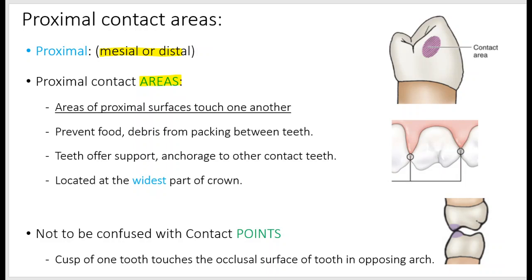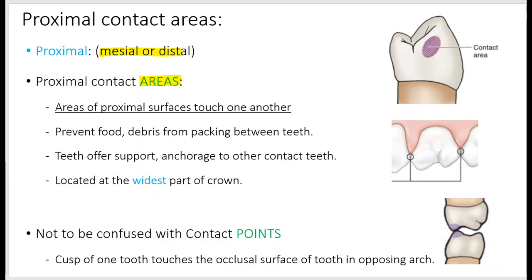So the contact areas are important, and when the dentist is trying to restore the teeth, we have to restore the contact so that it will completely, tightly close the space. This will still allow us to do the flossing between the teeth, but not too open where food can get stuck. So that's the importance of the contact areas, as we will see.